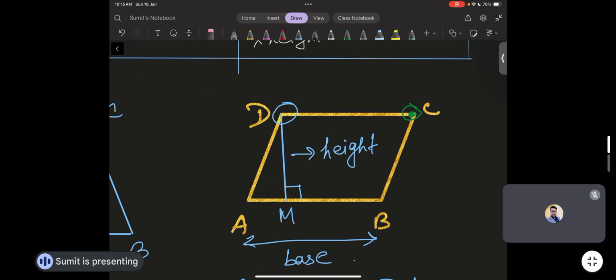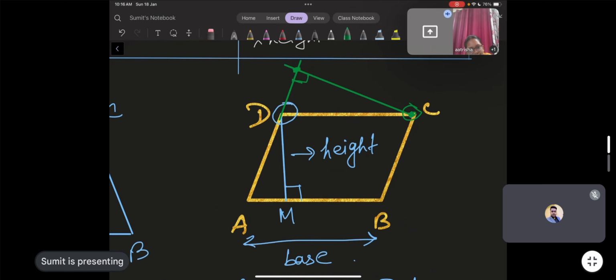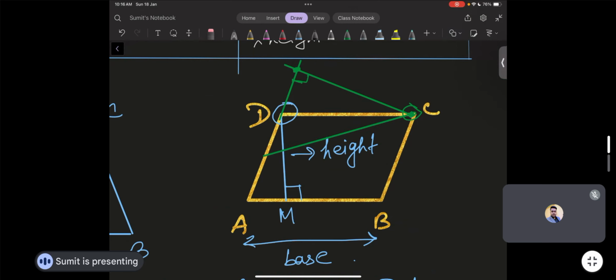If I want to create a perpendicular, I will create a perpendicular in this manner. এই জায়গায় পারপেন্ডিকুলারটা আসবে, but for that I have to extend the line AB in such a manner so that they will create a 90-degree angle over here. দেখ, জোর জবরদস্তি করতে পারি না, আমার 90 ডিগ্রি ক্রিয়েট করতে হবে, তো ভেতরে আসলে 90 ক্রিয়েট হবে না। Do you really think that from the point C, if you drop a perpendicular like that, then it will create a 90-degree angle? No. That is why to create a 90-degree angle, they are in the slanting position, na? So they have to be in a 90-degree angle position.